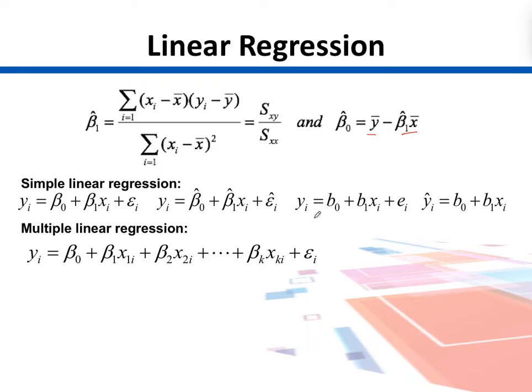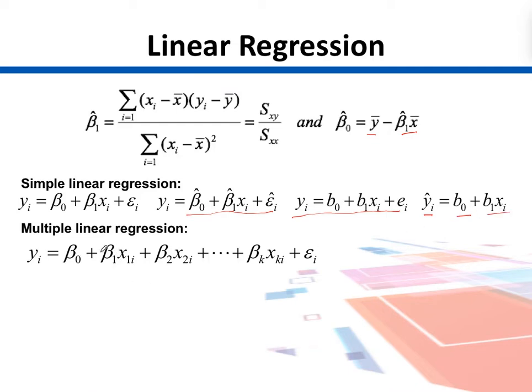The common way of writing this is y_i equal to b naught plus b1 x_i plus e_i. So that is the form that we use while writing the model, when we are talking about the population. And the equation for prediction is also modified: y hat_i is equal to b naught plus b1 x_i.